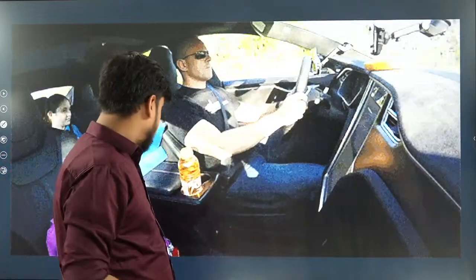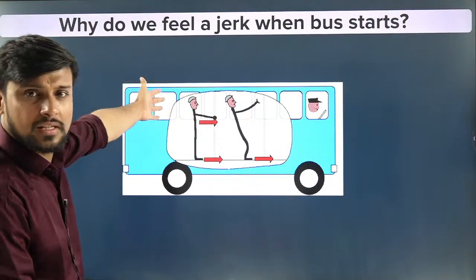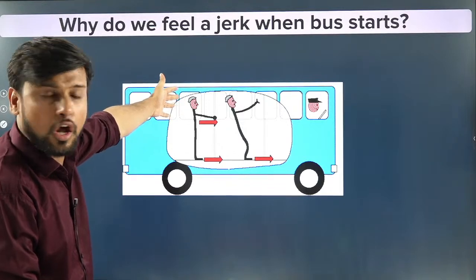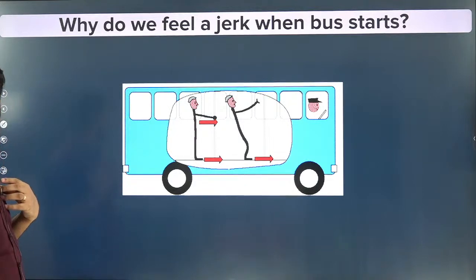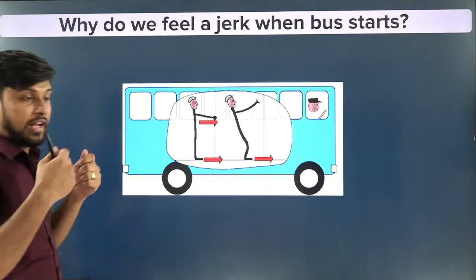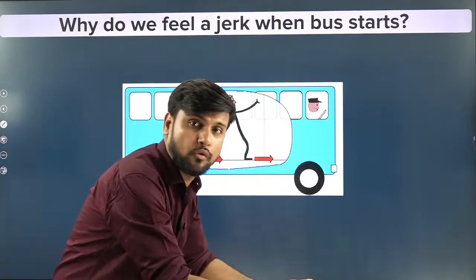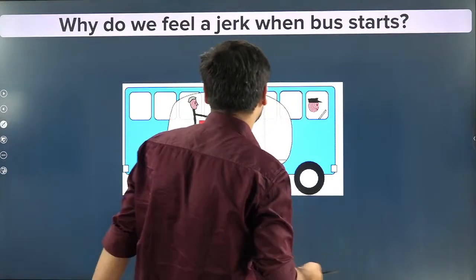Here is the example of the bus: people are standing in the bus, all of a sudden the bus accelerates and people fall back, and when the brake is applied, you move forward, right? So the question is why this is happening.